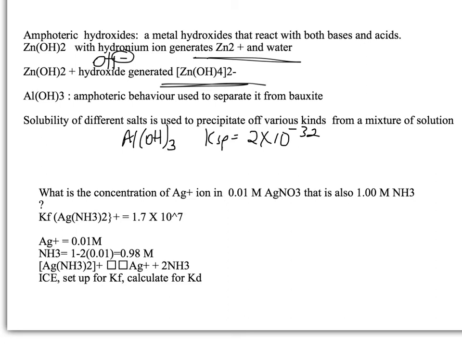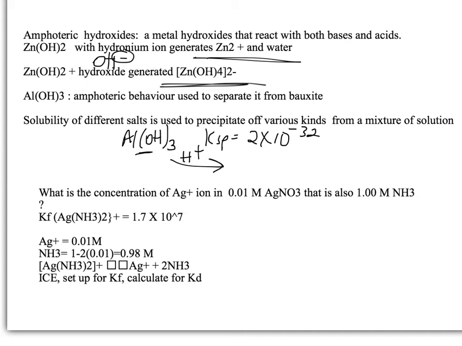Now, the metal hydroxide will have a basic anion, the OH negative. And so if you add H plus to that, of course that H plus is going to start reacting with the OH negative, and so you would see dissolution of that hydroxide.